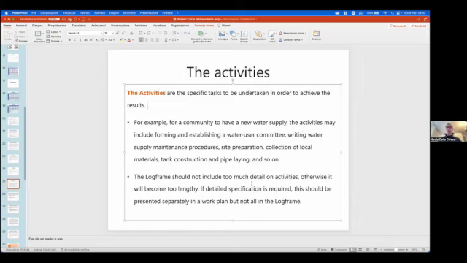So the recommendation would be to be very concise in the log frame, in the description of the activities, and maybe be a bit more detailed in the project document. So in the section where we explain the activities, there we can be more detailed in explaining all the activities.